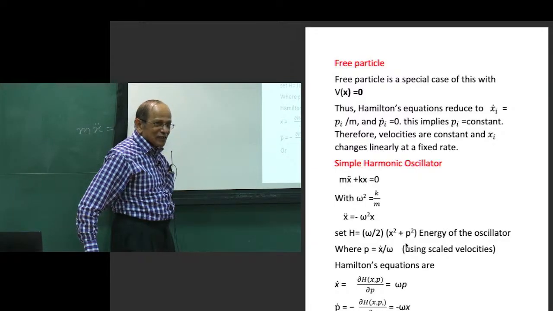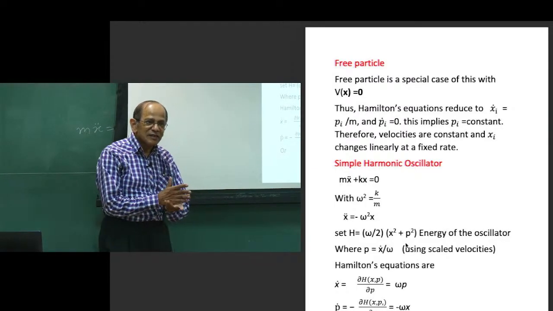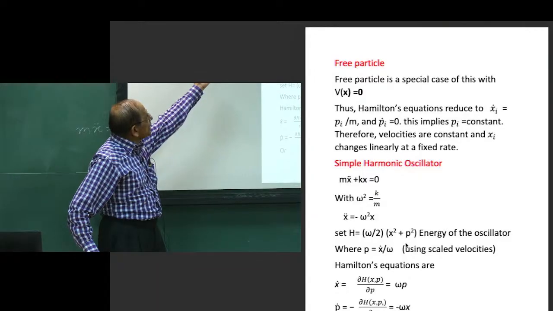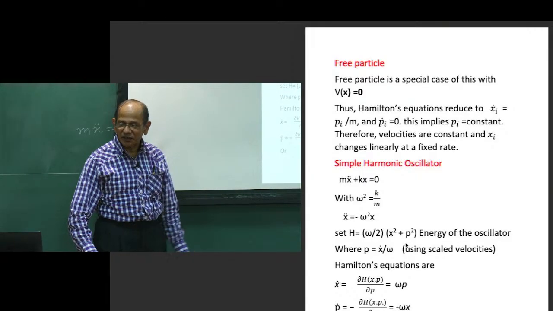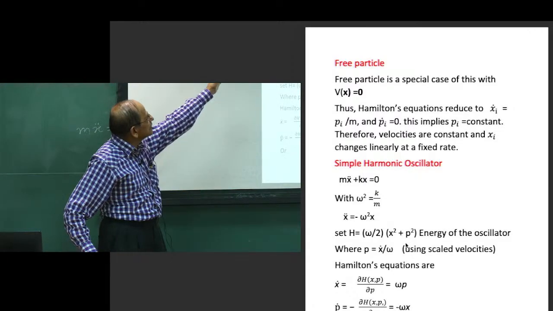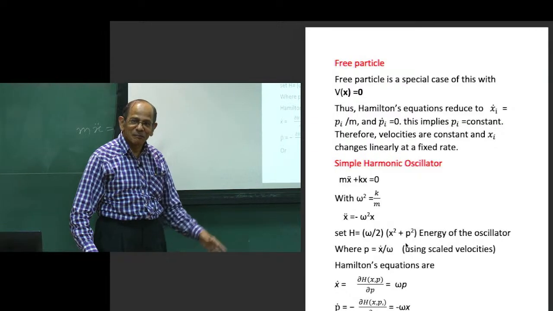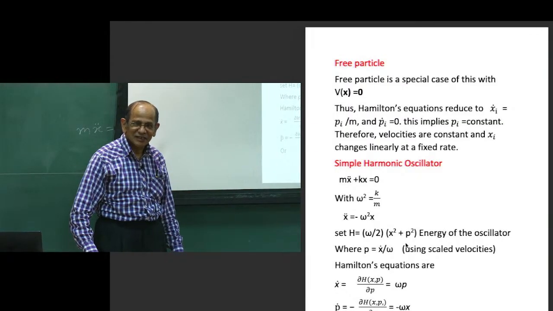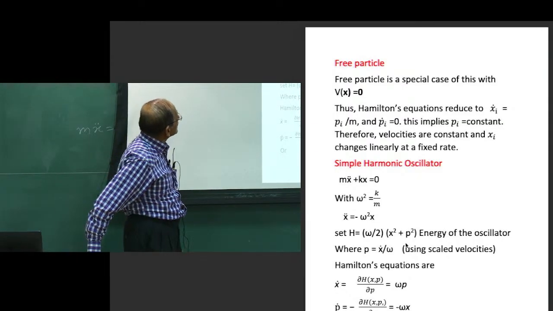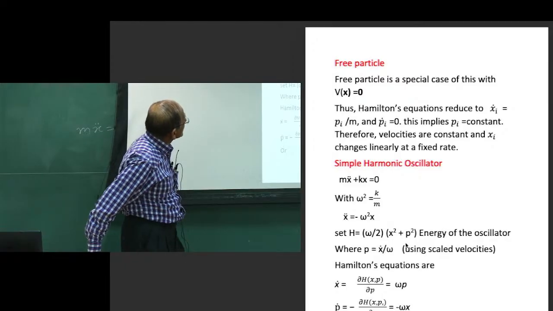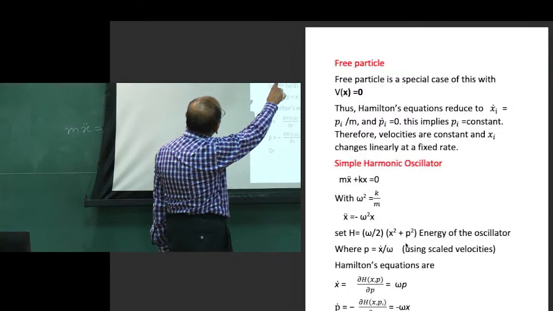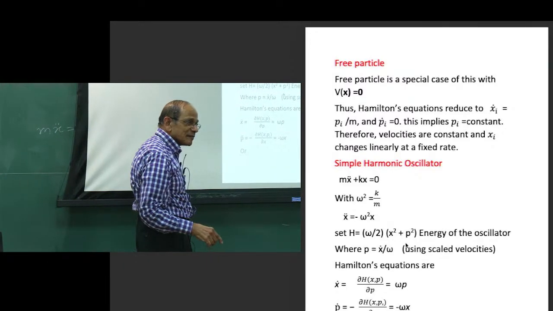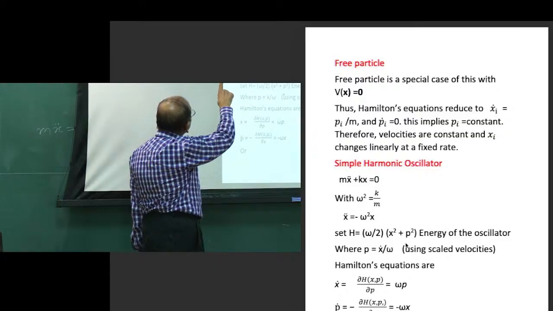Now, free particle. Free particle means what? That either V is taken 0 or some constant. I have taken it 0 for simplicity, but it can be a constant. In that case, the Hamilton's equations read xi dot is Pi by m, and the second equation is Pi dot equal to 0.